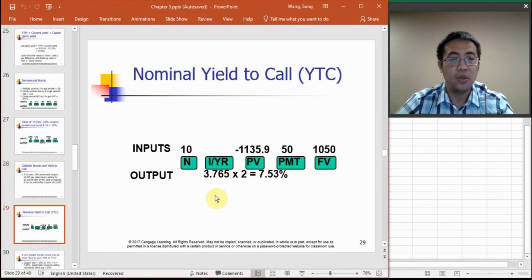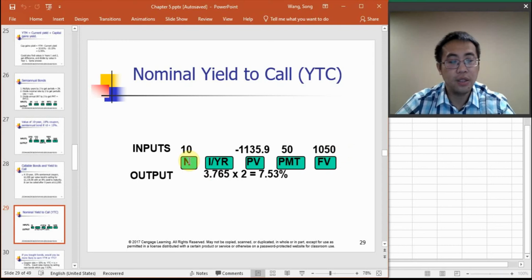The only thing you need to adjust here is the future value, which is your redemption value. It is the face value plus a call premium. Remember, I said in order to call back the bond, the corporations or the borrowers have to give the investor a little bit of sweetener to make the deal smooth so the investor can sell back the bonds to them.